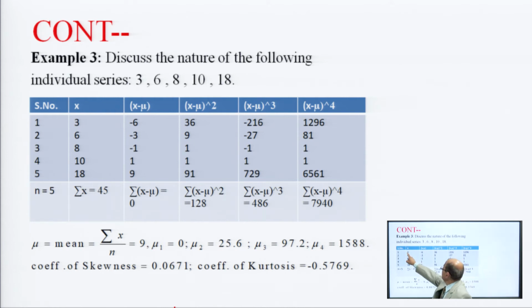Here 3 minus 9 is minus 6, 6 minus 9 is minus 3, 8 minus 9 is minus 1, 10 minus 9 is 1, 18 minus 9 is 9. Square it, we get 36, 9, 1, 1 and 81, not 91, but it is 81.